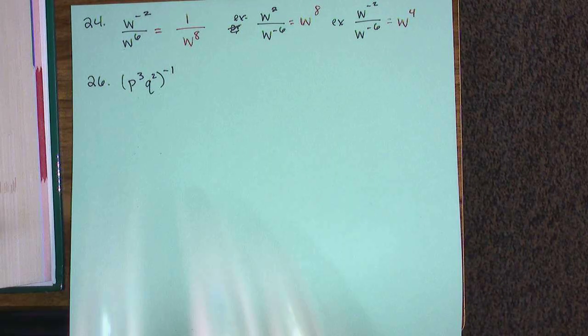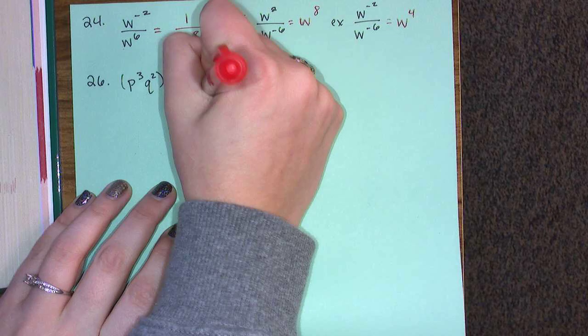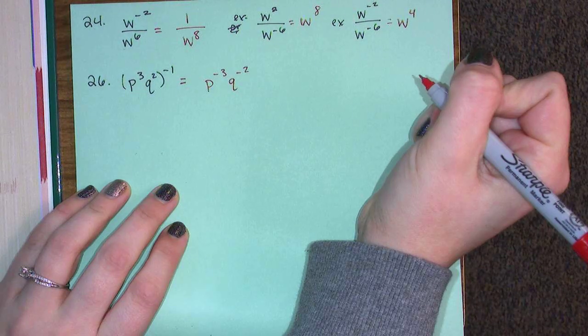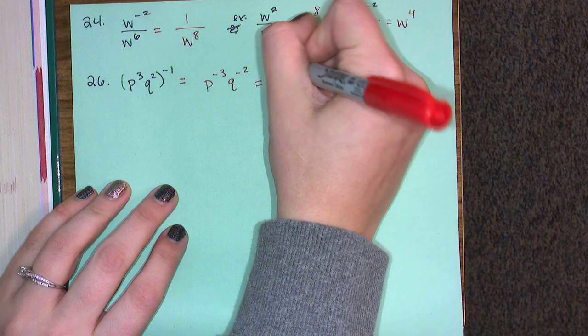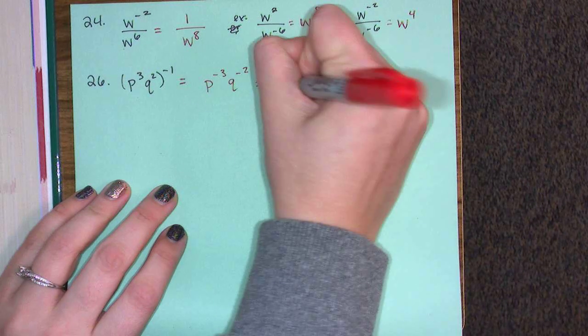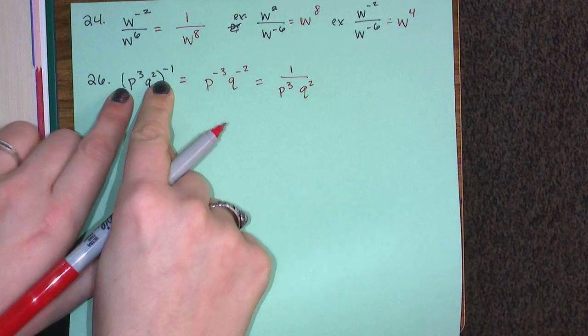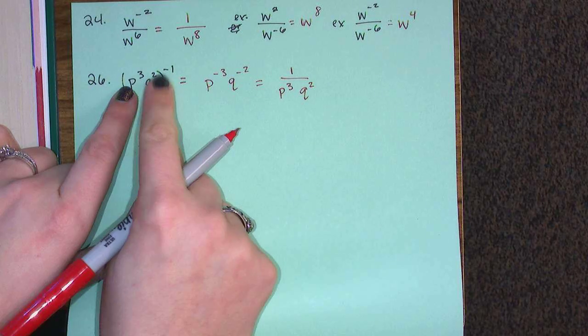Okay, I have two options here. I can do what y'all are telling me to do and do p to the negative 3, q to the negative 2. But then am I done? Okay, I would have to then flip everything to the bottom. But from here, I could have just gone straight to, oh, this is negative 1, so I need to put this whole piece on the bottom.